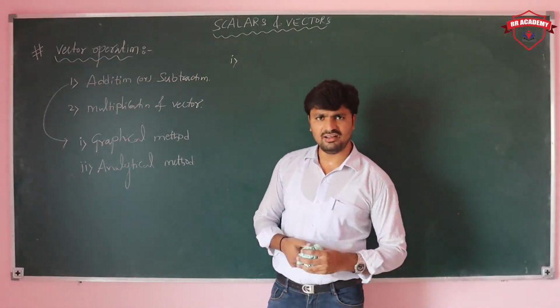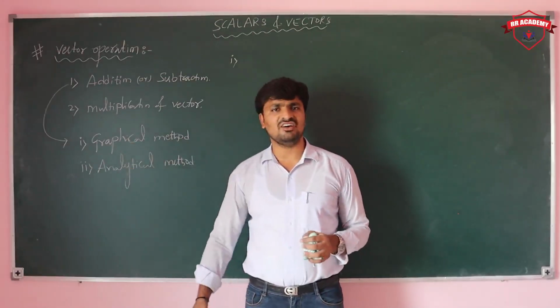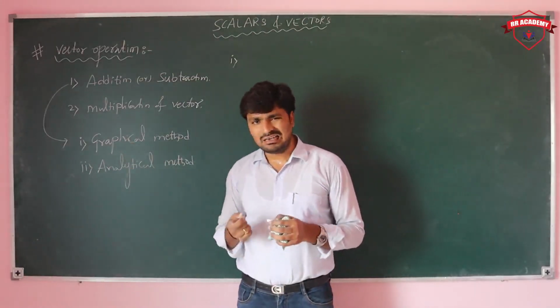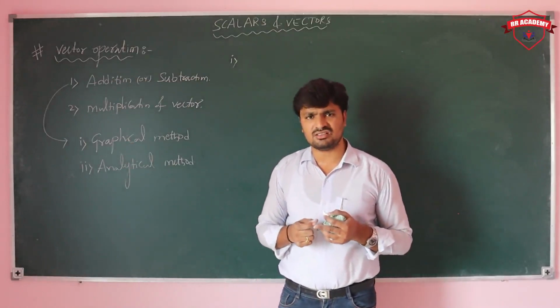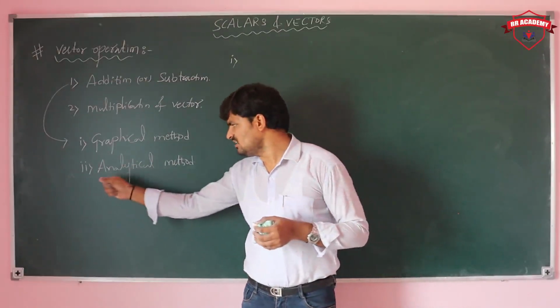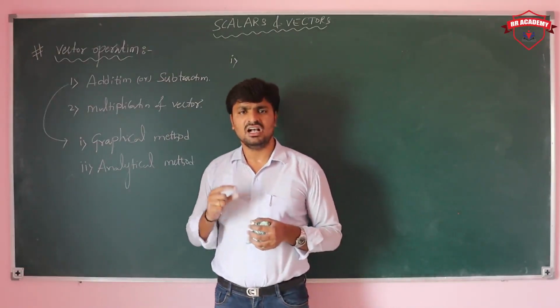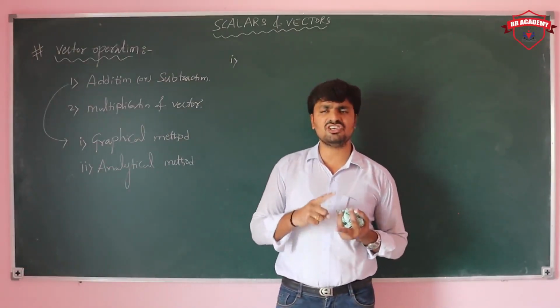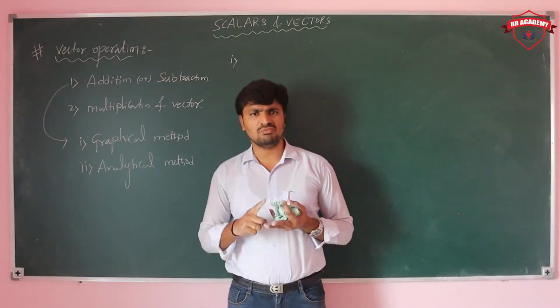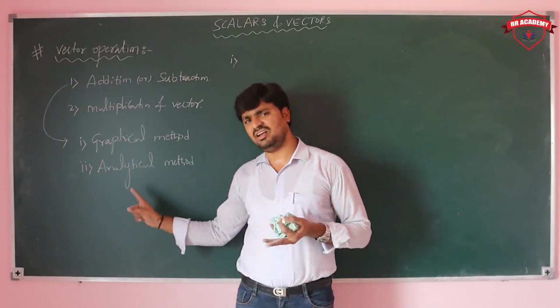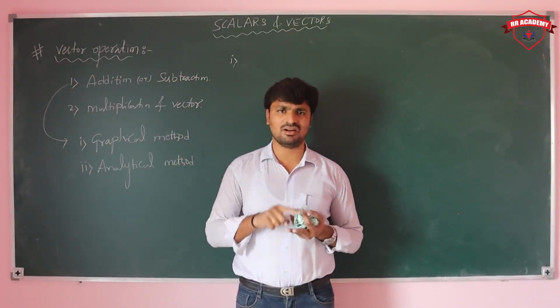However many you want to add, the easiest way is the graphical method. And if you want to add fewer vectors, 2 or 3, at that time you can use the analytical method and the graphical method. The graphical method is used to add more vectors, and it can also be used to add fewer vectors.